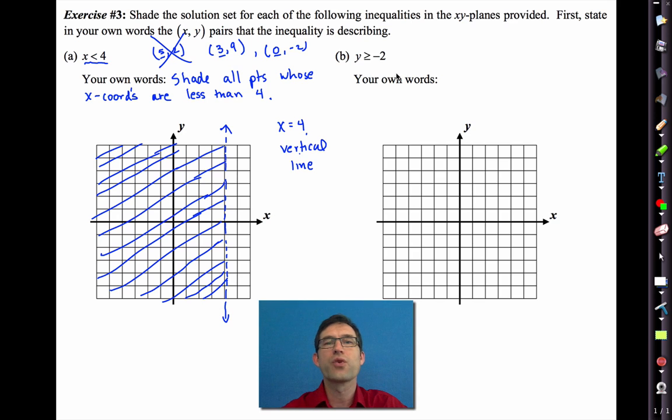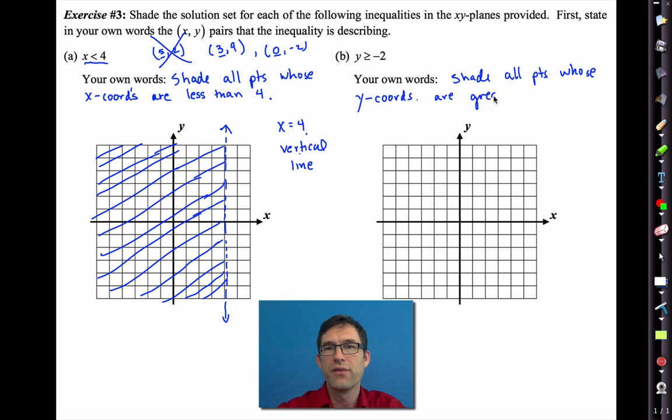Likewise, when we have y is greater than or equal to -2, right, we want to shade all points whose y-coordinates are greater than -2. Right? So for instance, if I had 3, 4, that would work because 4 is greater than -2.